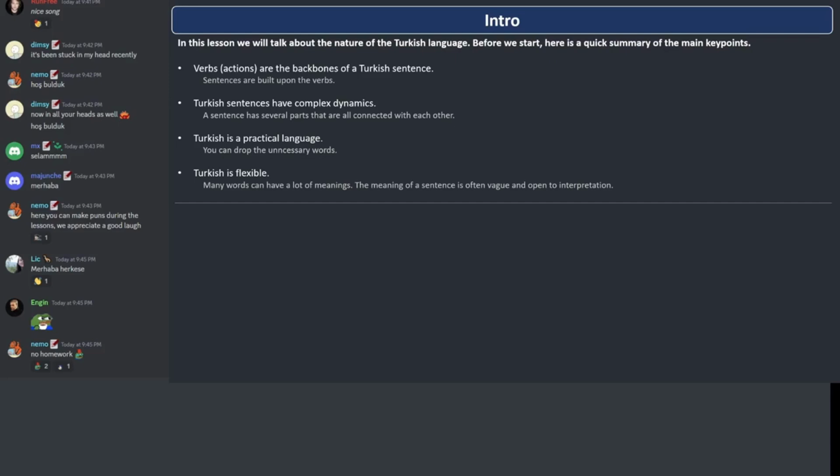And also, the Turkish language is a practical language. Practical here means you need to drop words as much as possible. When the words are not needed, when they can be indicated by other endings, other suffixes, you should drop them. But of course, there are also some exceptions where they are needed.